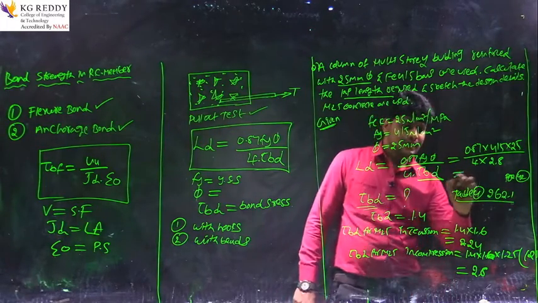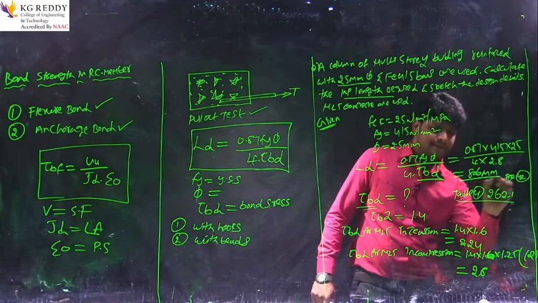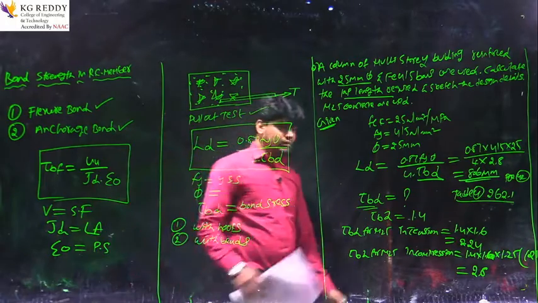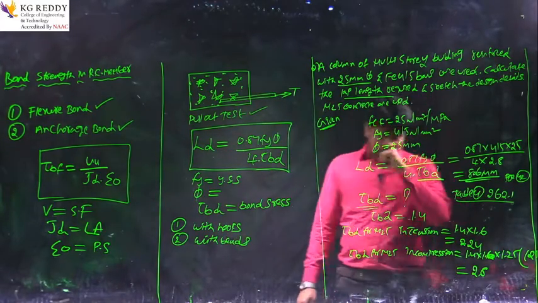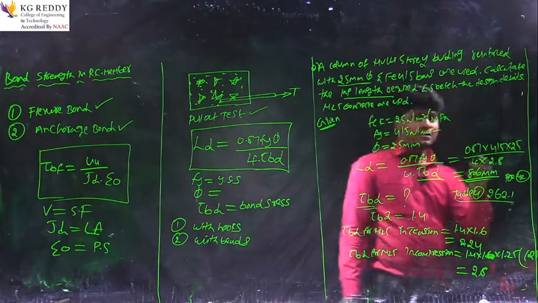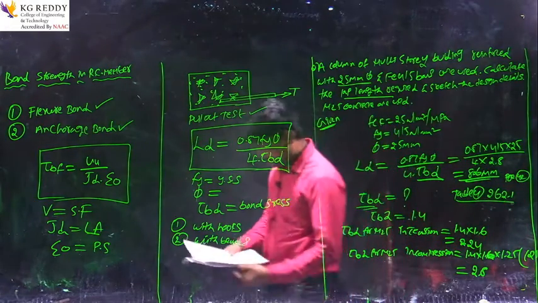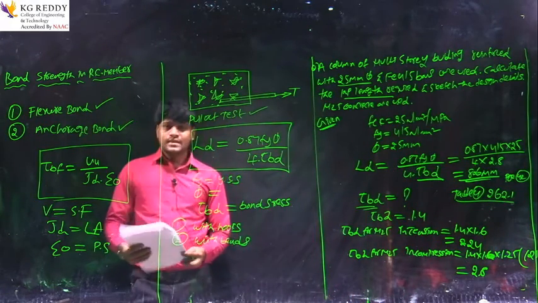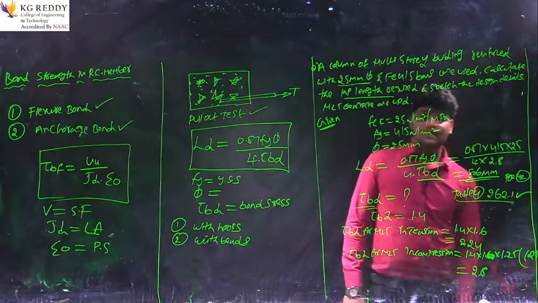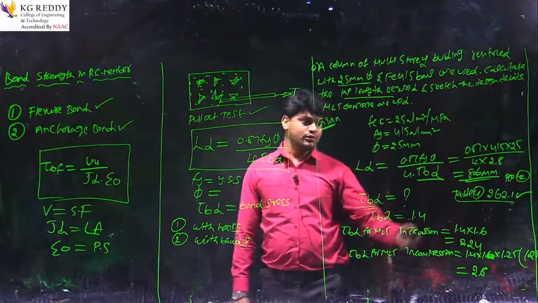Therefore Ld equals 806 mm. Please calculate and tell me the value: 0.87 into 415 into 25 divided by 4 into 2.8. So this is about the lap length. Are you clear? Yes. Okay. Thank you.